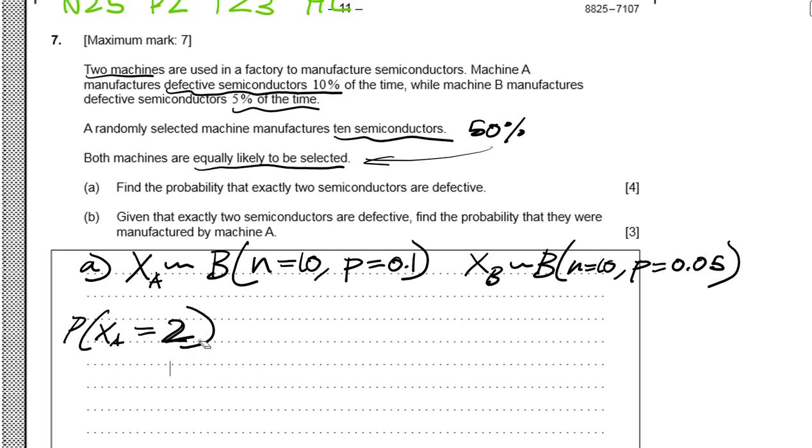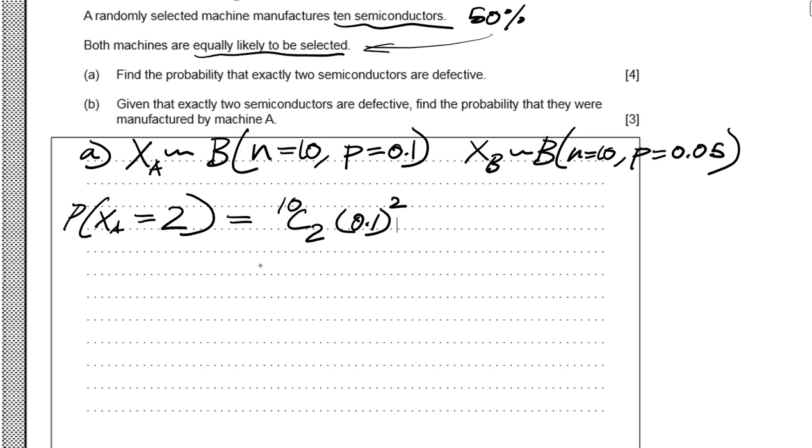That we have 2 defective pieces out of 10 trials is equal to our 10C2, and then our probability of success, that's 0.1 to the power of 2, right? We want 2. Okay, let me give you the formula so you understand what we're doing here. But you should remember this by heart.